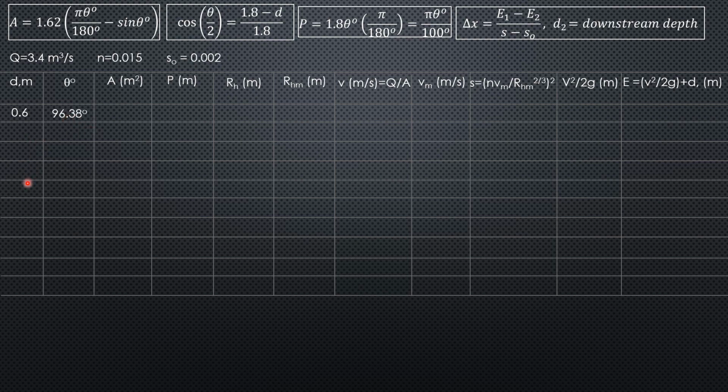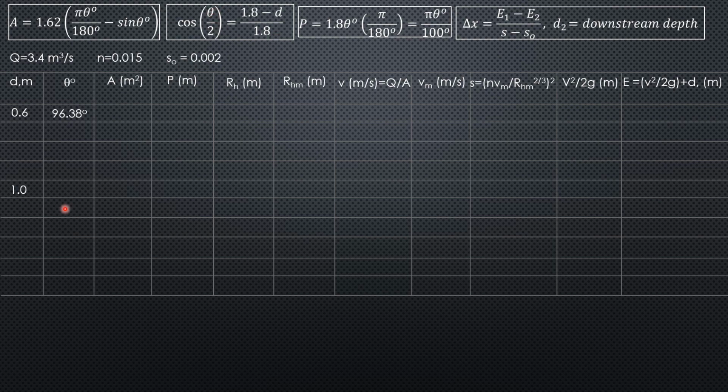The next depth is 1, for the distance between 1 and 1.2. So in your calculator, you just replace the portion d. You set up 2 inverse cosine of open quantity (1.8 minus d, which is in this case 1 this time) over 1.8, close.